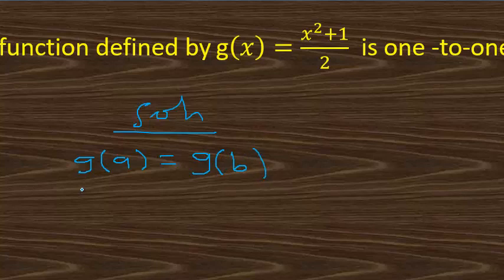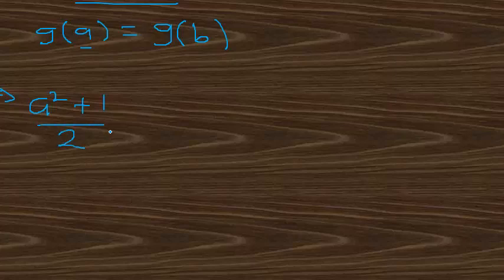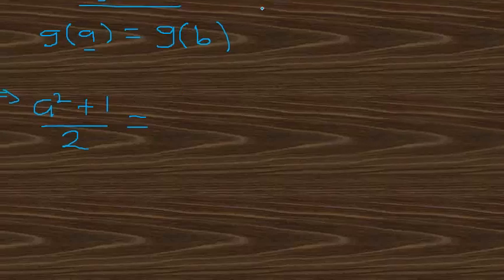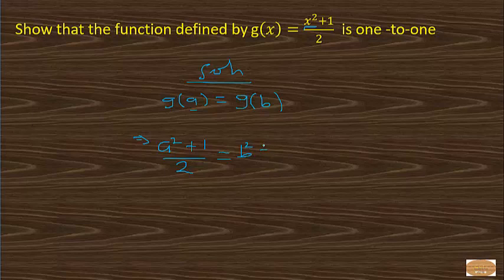Alright, so on my left I'm going to replace x with a, so I'll have a squared plus 1 on 2. Then on my right, b squared plus 1 over 2. So same thing, we can do cross multiplication.